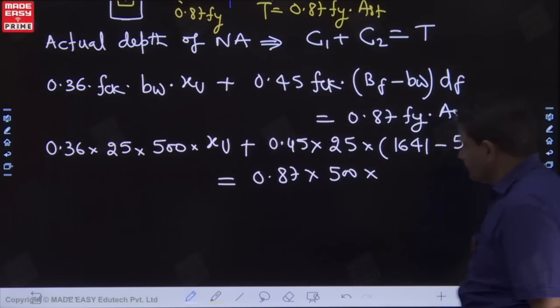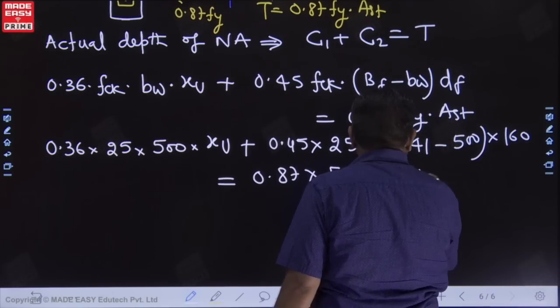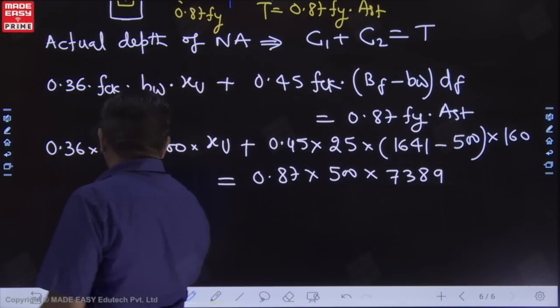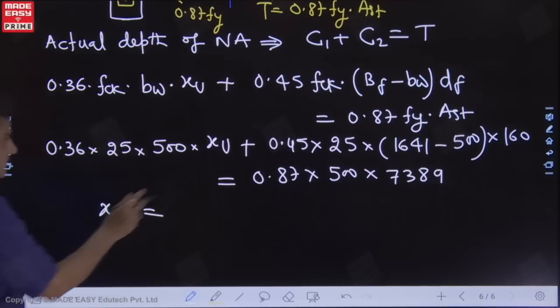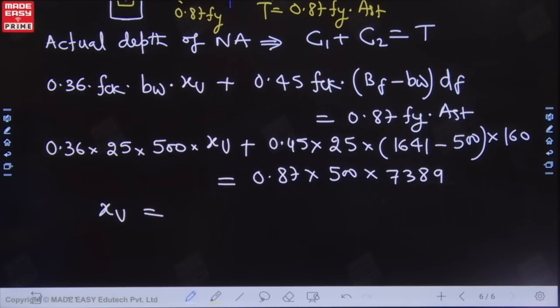Let's use the same value, 7389. So what is xu? Solve this equation, you will get it. So 0.87 into 500 into 7389 minus 0.45 into 25 into 1641 minus 500 into 160, divided by 0.36 by 25 by 500.